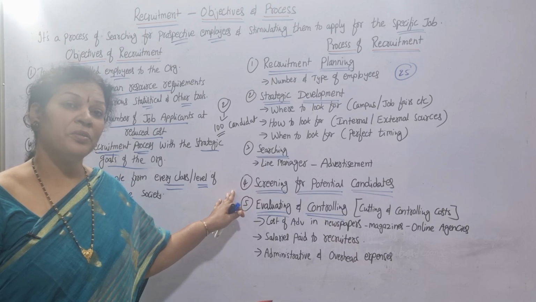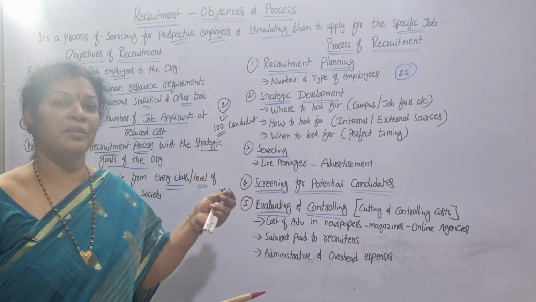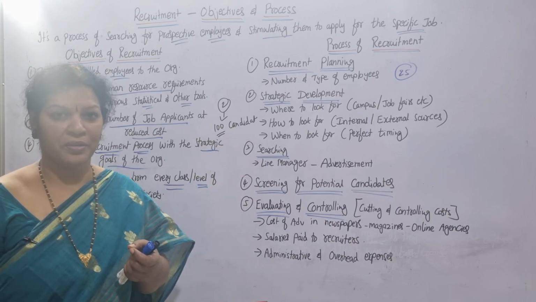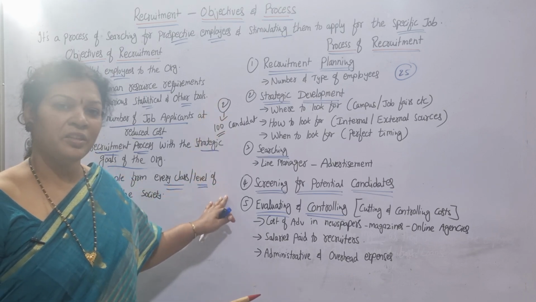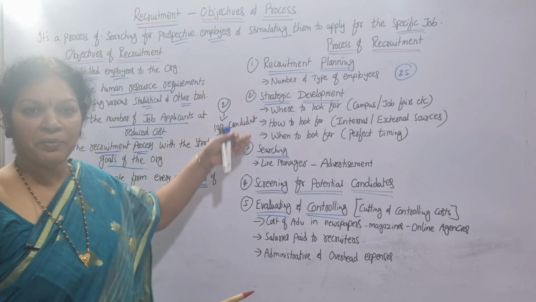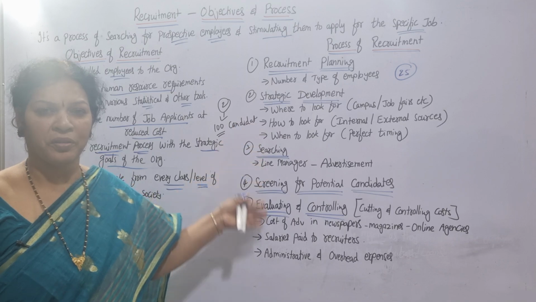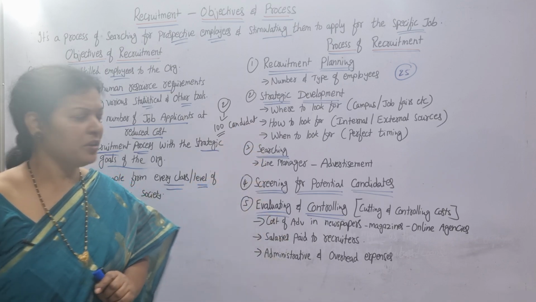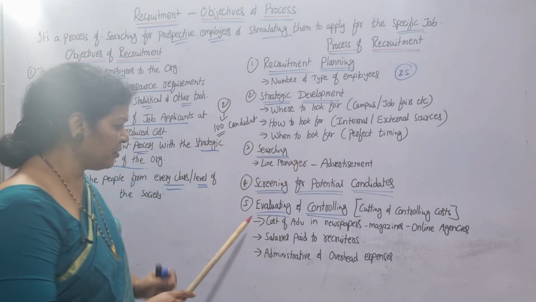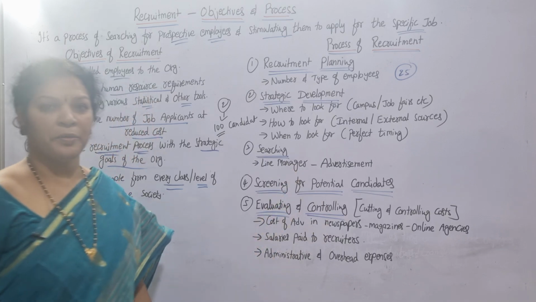Some people say that screening should be the first stage, but it's not correct. You have to go for screening in the fourth stage only, because once you have planning and all this process, then only screening is possible, right? And the last process is evaluating and controlling.